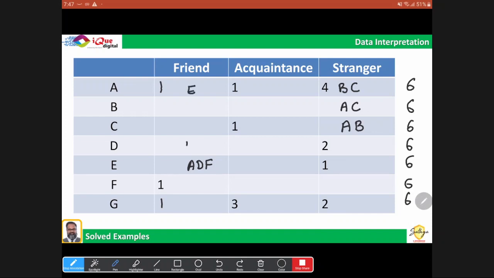Likewise D and E, and F and E. So I am able to fulfill all this data as well. Now, if A has only one friend and that is E, this data is pretty much set, and F also has only one friend and that is E. So this data is also pretty much set. Correct?